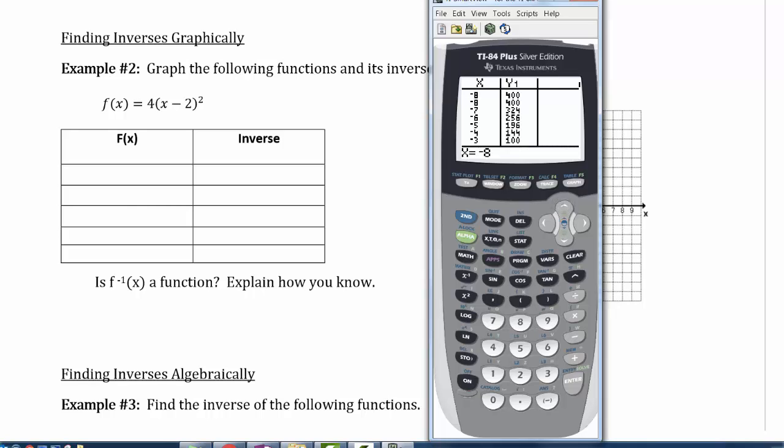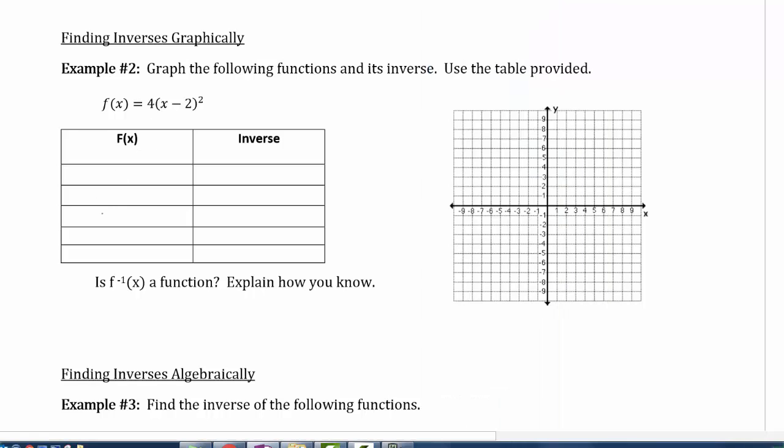And I know that this is starting at 2, 0. So I'm going to go to 2, because, right, we did our horizontal shift to the right 2. So I know that the middle here is going to be at 2, 0.